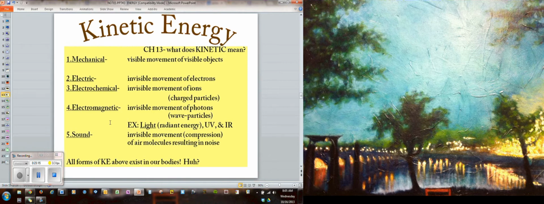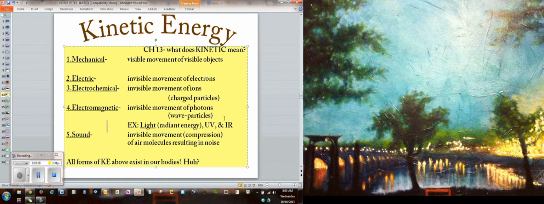Okay, electromagnetic is the movement of a particle we're going to learn a lot about later, photons. And an example of electromagnetic energy is light. You know light. There's about 9 other forms of electromagnetic energy. Microwaves, ultraviolet, that's what UV stands for, and IR. And these all come from the sun.